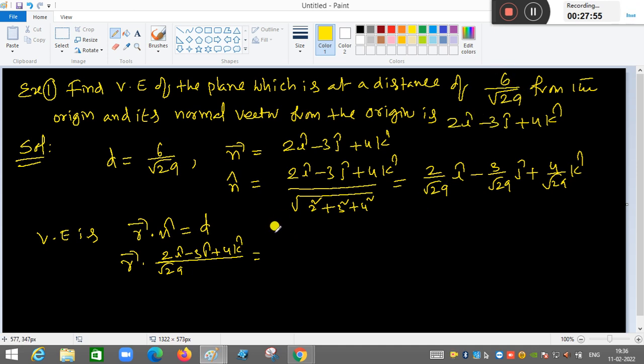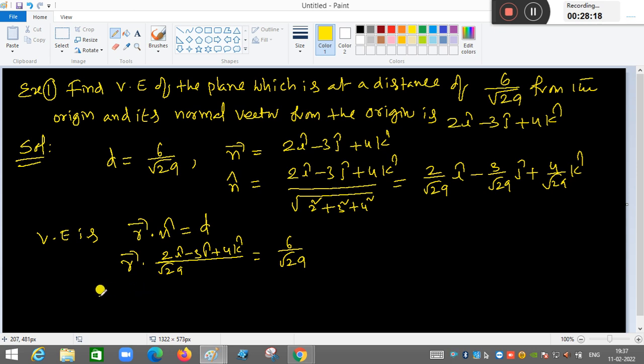D means the perpendicular distance. Whenever we write n cap, d must be the perpendicular distance from the horizon to the plane. So it is 6 by root of 29. Distance is always perpendicular distance.